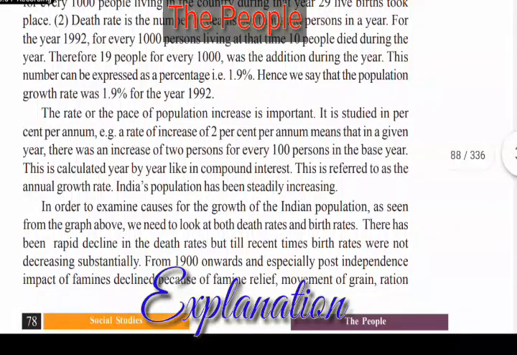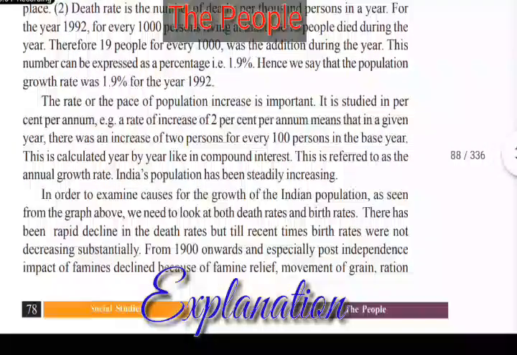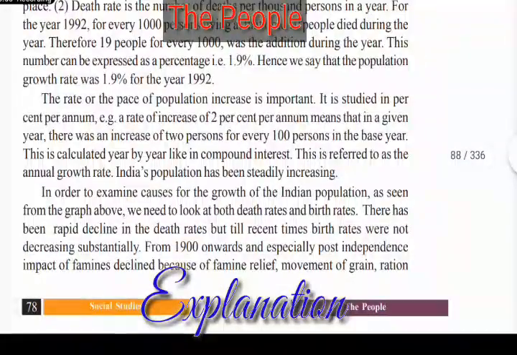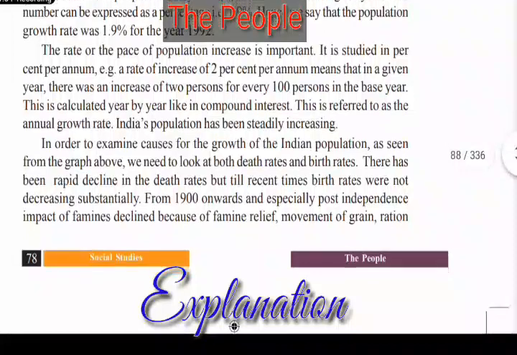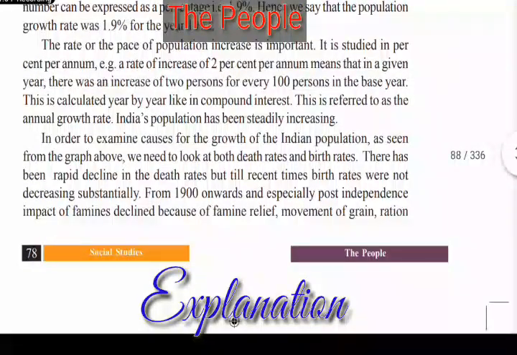So, dear students, here we just heard that if there are no in-migrants and out-migrants, then we take two types of rates. One is birth rate, the other is death rate. The persons are the newborn people, and the people who have died or departed.